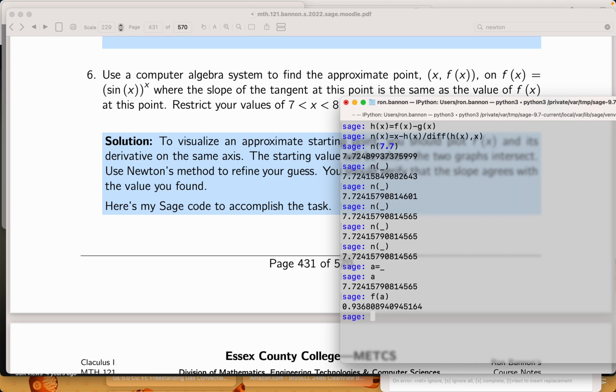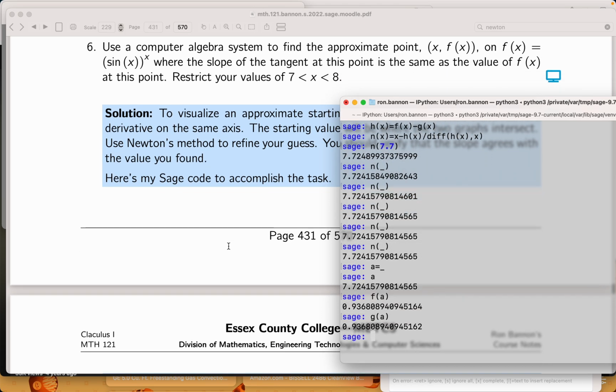And it should agree with the slope of the tangent line at that point, which would be g of A. Granted, I'm not going to say they're going to agree 100%, but it should be a really close approximation. And what are we getting? Yeah, it's agreeing really to the last digit. So we have it.